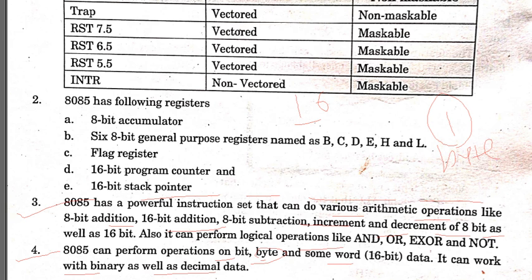So it can process this type of size of data, and it can work with binary as well as decimal number systems. So these are the various features of this 8085.